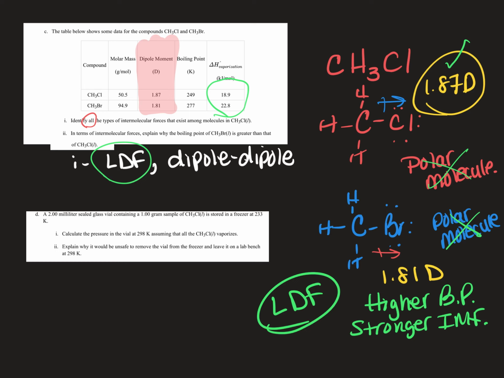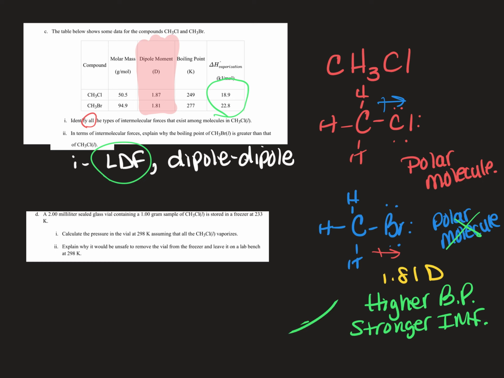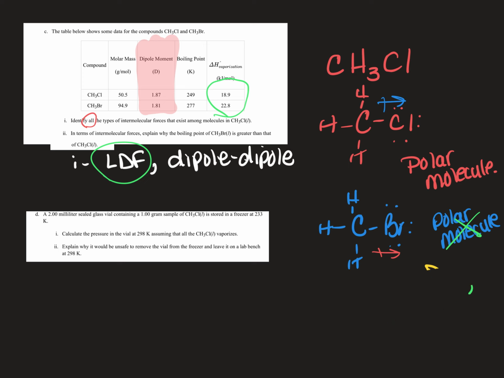It says a 2 milliliter sealed glass vial containing 1 gram of methyl chloride is stored in a freezer at 233 Kelvin. Calculate the pressure in the vial at 298, assuming that all of the methyl chloride vaporizes. Okay, so let's look at what that looks like.